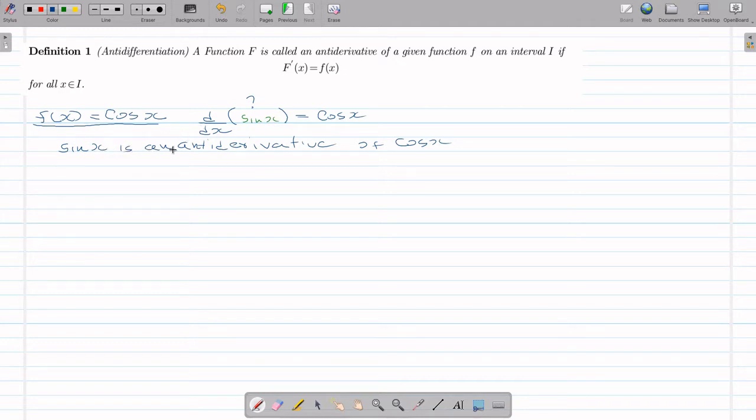So sin x is an antiderivative of cos x. Okay. We can get more than one antiderivative.